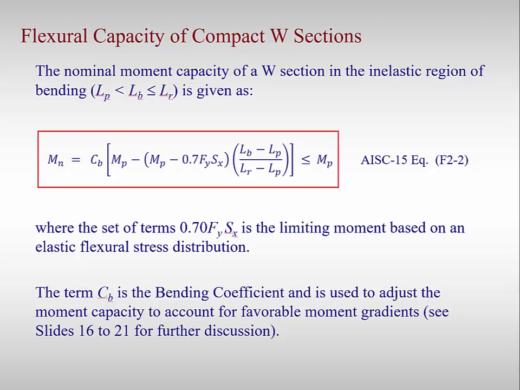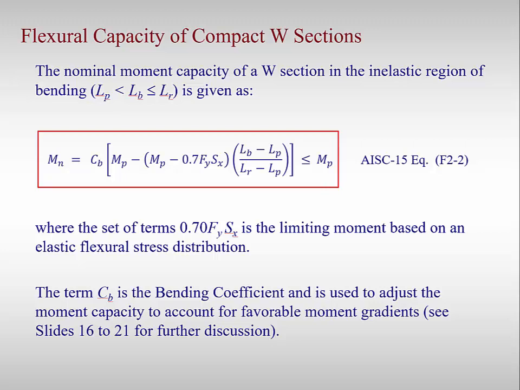As discussed in lesson 18, this moment capacity is given as 0.7 times F sub Y times the elastic section modulus S. Another new term is C sub B, which is the bending coefficient. This coefficient actually increases the calculated moment capacity due to a favorable moment gradient, as will be discussed later in this lesson. It is important to note the upper limit on the nominal moment capacity is the plastic moment.